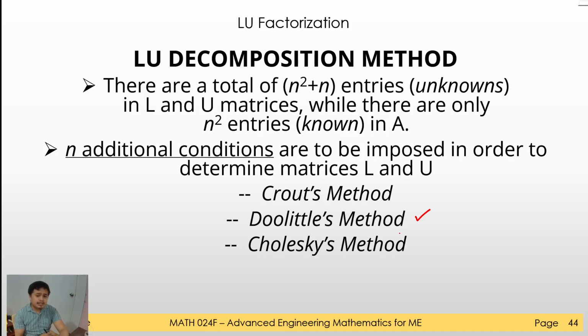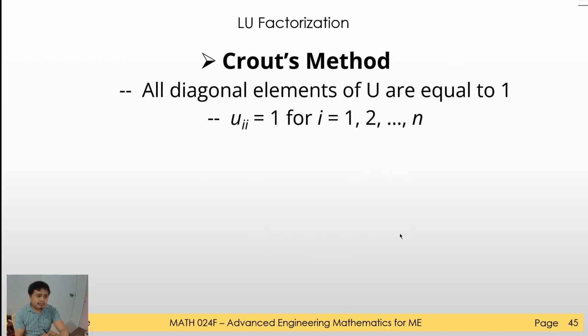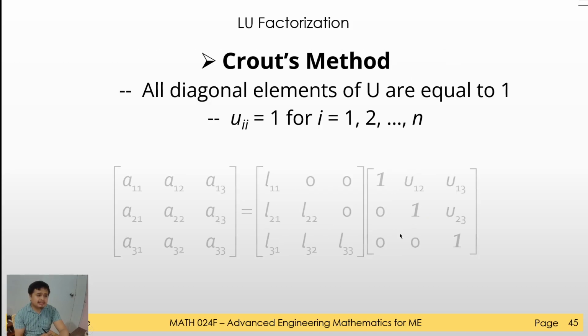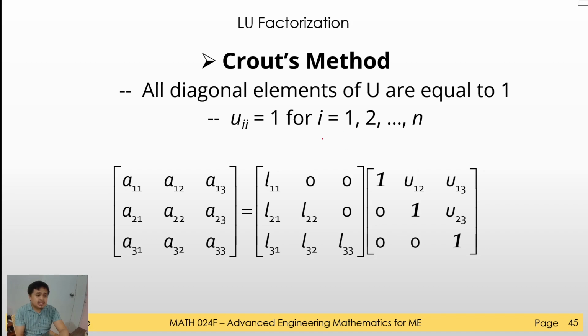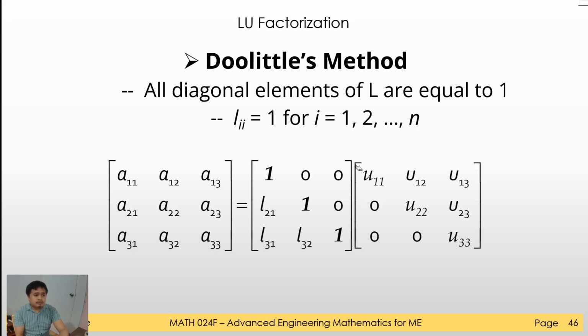For the Crout's method, it still has an L and U matrix, but as you can see here, the one diagonal is in the U matrix. For Doolittle's method, we still have the L and U, but the ones are in the L matrix.